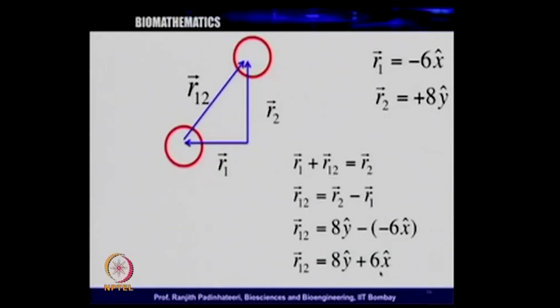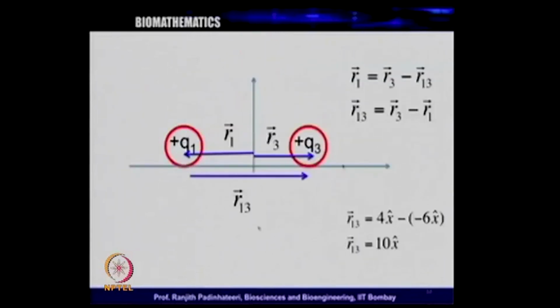Similarly, we want to calculate other vectors like R23 and so on. So, let us go ahead and see what next. How do we calculate R13? Have a look at this slide. Here Q1 is the first charge and R1 is the distance from here to here.